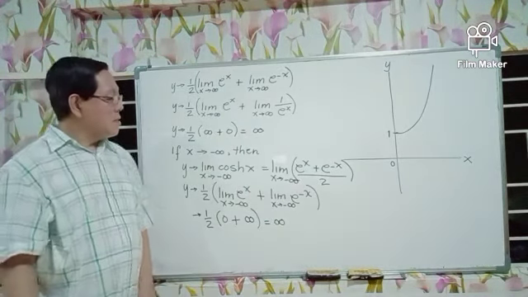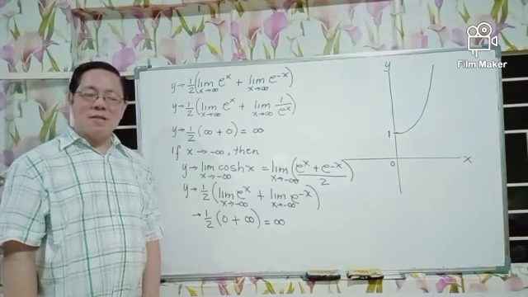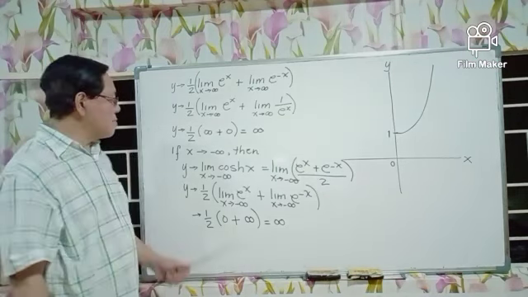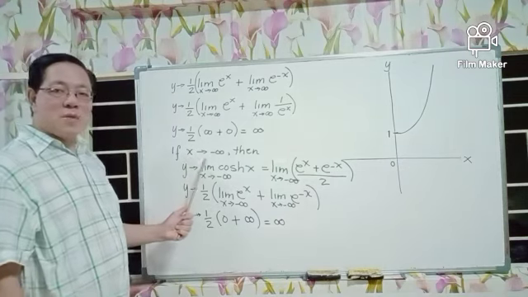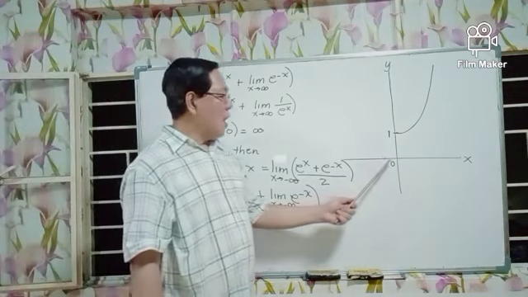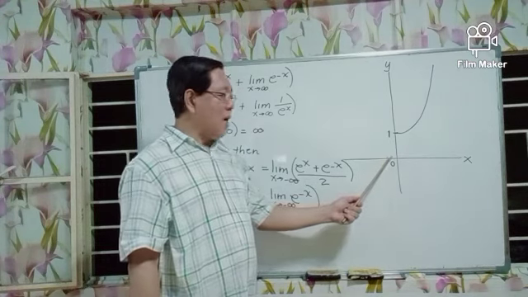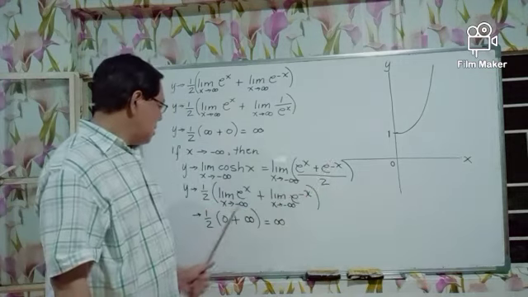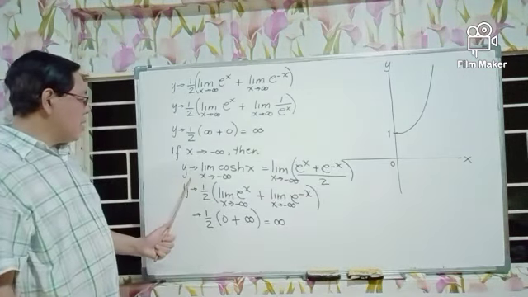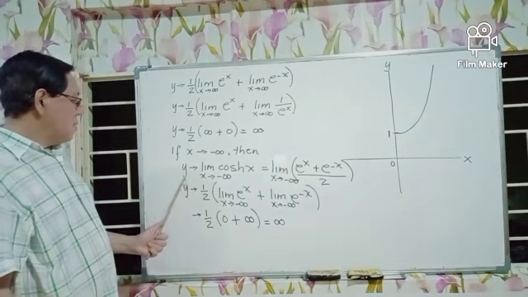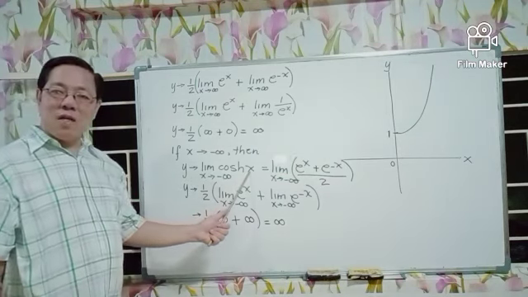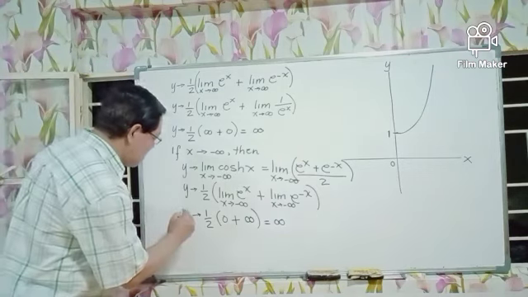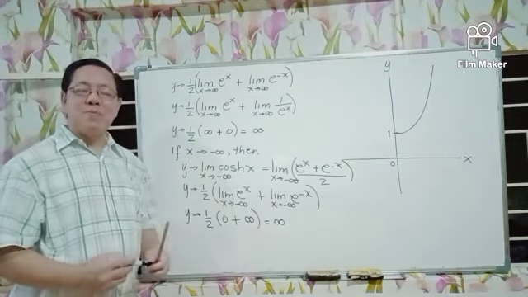Now, what does this result tell us about the graph of the hyperbolic cosine? If you assign values of x that are getting smaller and smaller, approaching negative infinity, the value of the hyperbolic cosine of x, which we denote by y, will approach positive infinity.